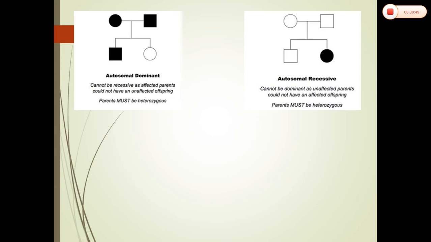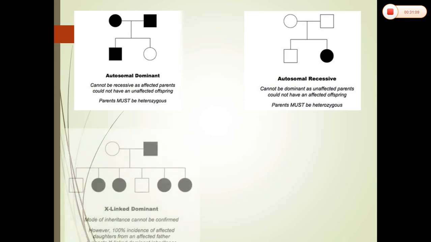It cannot be dominant because the parents are not affected. So only one girl is affected. Parents are not affected, still the trait has appeared in the progeny. So this is autosomal recessive.